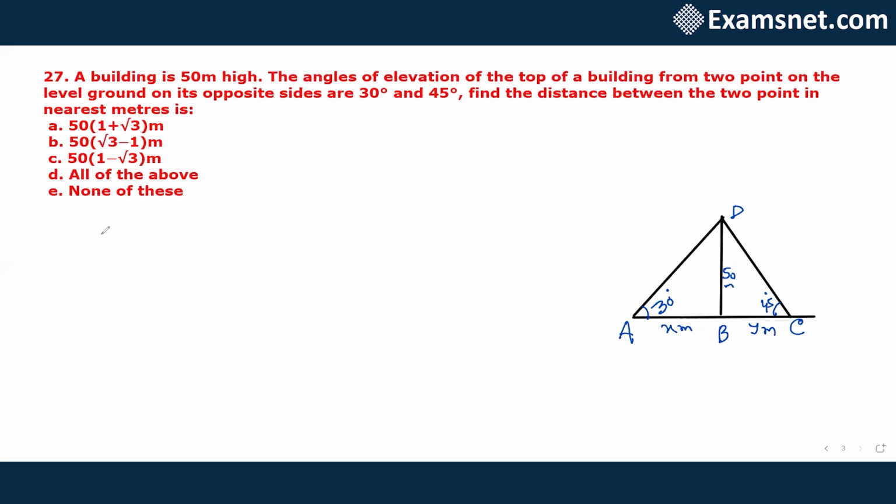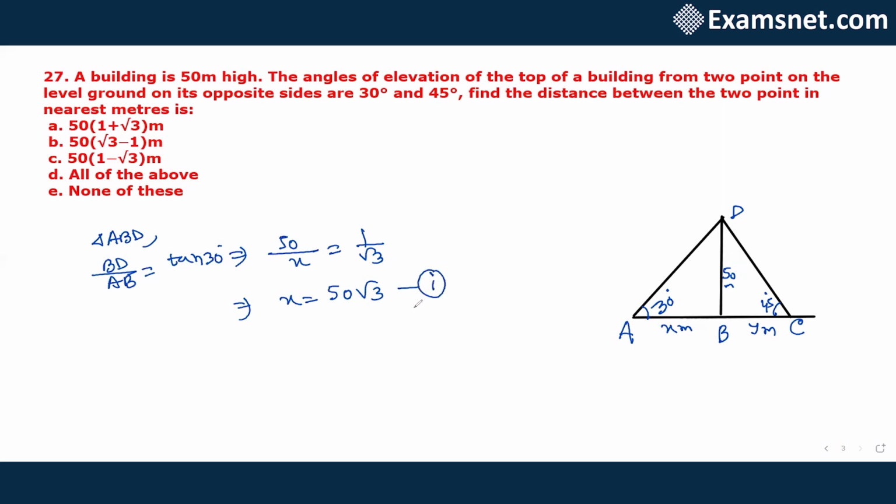First, let me consider triangle ABD. So here BD by AB, that is tan 30°. So it will give me 50 by x equals 1 by root 3. So we can get the value of x as 50 root 3. Let's name it equation number 1.